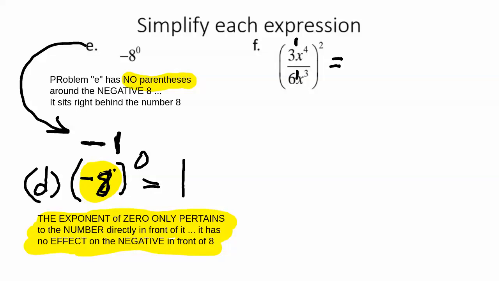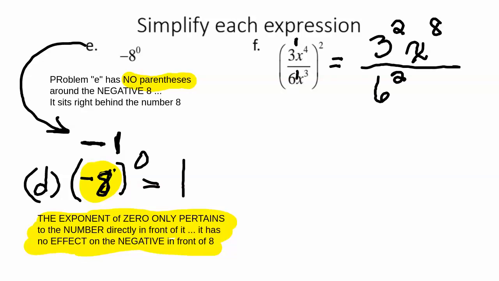Well, this is going to become 3 squared x to the 8th over 6 squared, because remember, this 2 has got to deal with the exponents in the denominator, and this is x to the 6th.